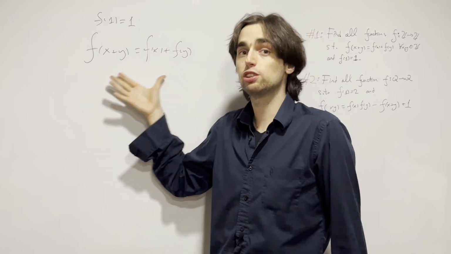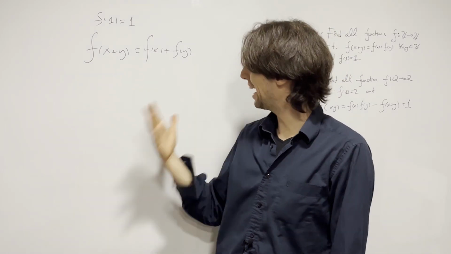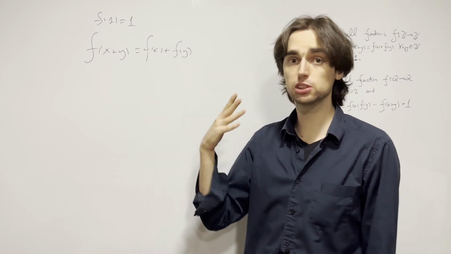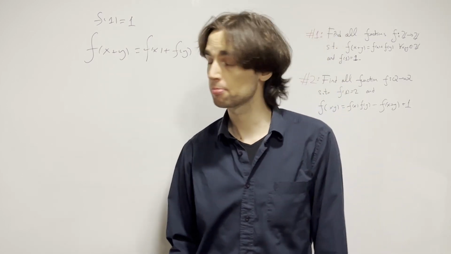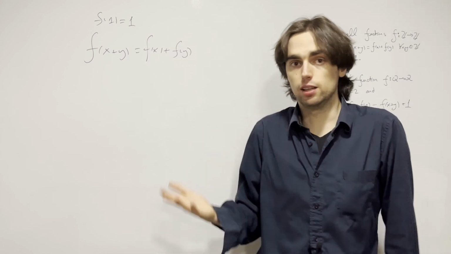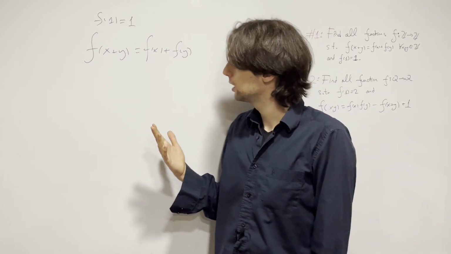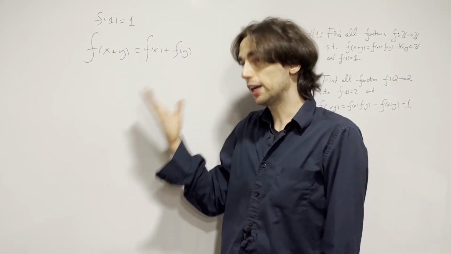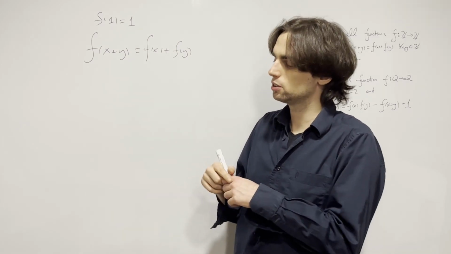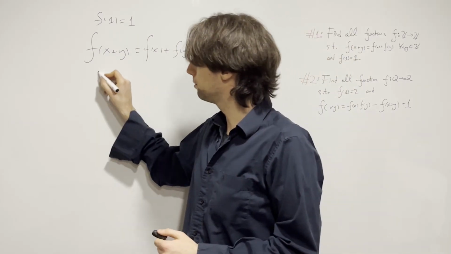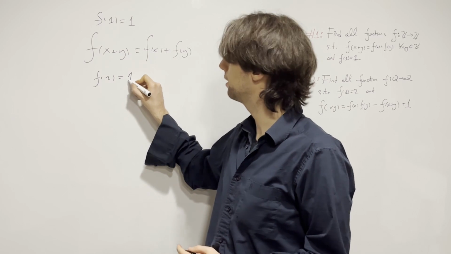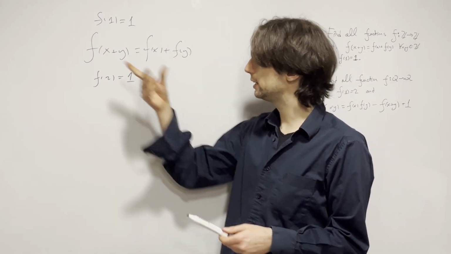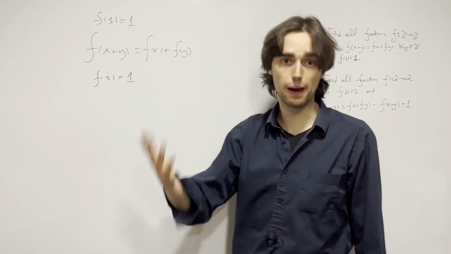Will this functional equation still hold true for every pair of numbers x and y in the integers? There's checking this in general, but let's actually check it out. If f of 2 was 1, not 2, would this still be true for every single pair?